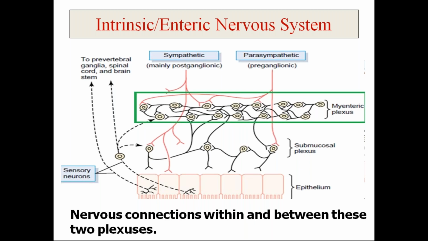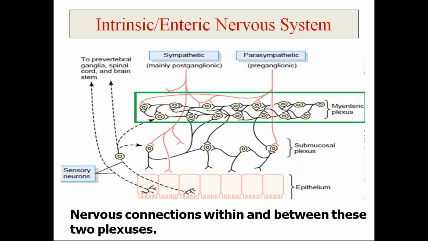So in the sympathetic division, as I showed you in the previous slides, the preganglionic fibers are starting from the intermediolateral gray column, and then they make a synapse in the prevertebral ganglia, right?